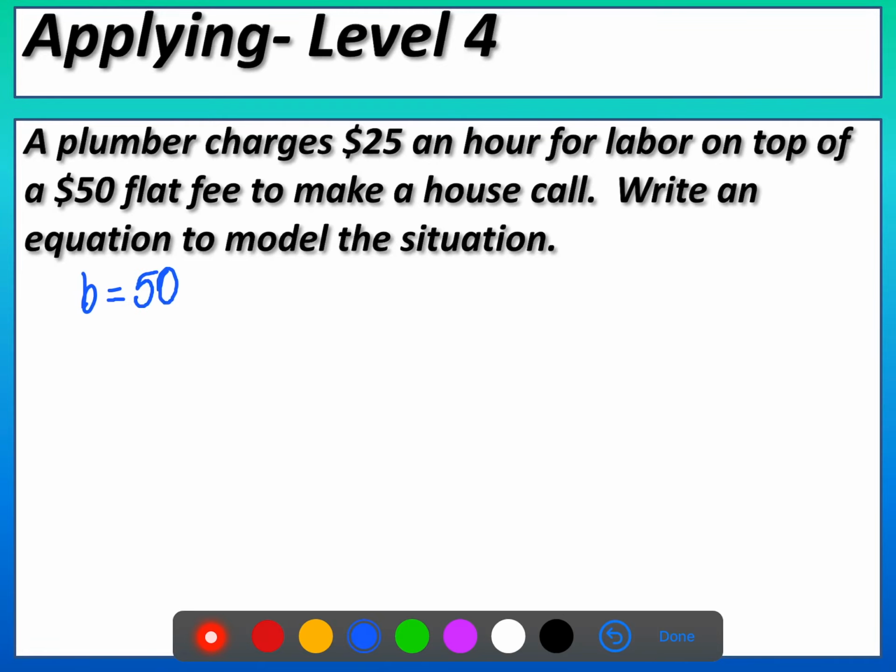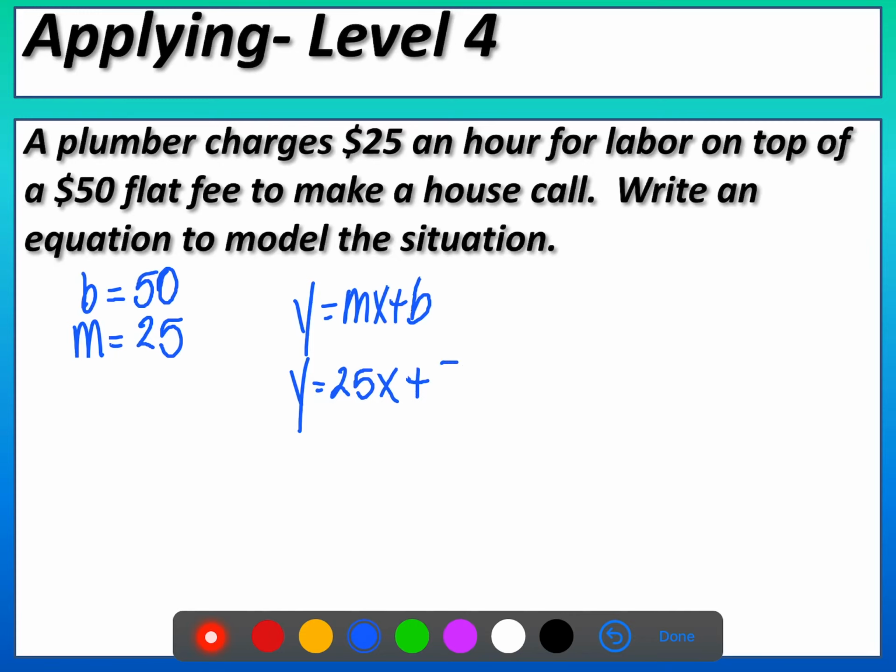So that has to be my b value, and it's going to move for $25 an hour. So every hour that we're there, we're increasing by $25. So putting that into slope-intercept form, I don't even have to solve. We just get y equals 25x plus 50 because it's telling me my beginning value and it's telling me my starting value.